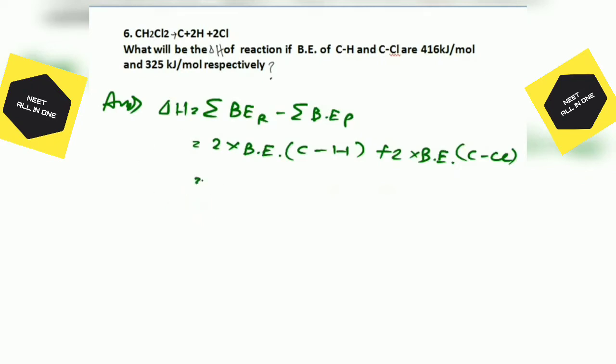So let's put the values here and the answer will come out. That is 2 into 416 plus 2 into 325, that will be 1482 kilojoule, right?